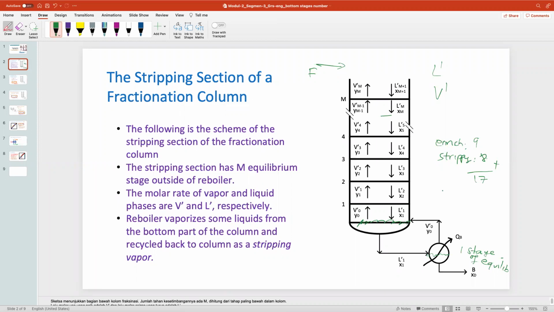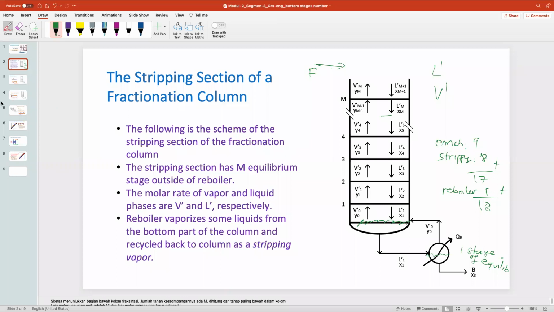Then we add the reboiler, 1, so the total number of equilibrium stages in the distillation column is 18. Up to here, any questions?